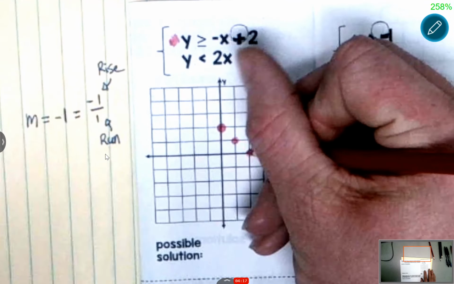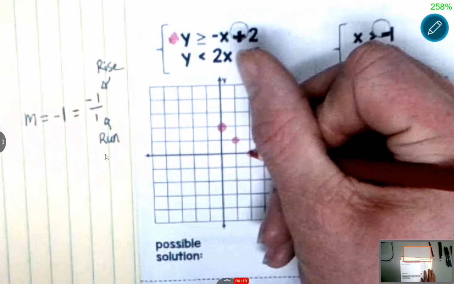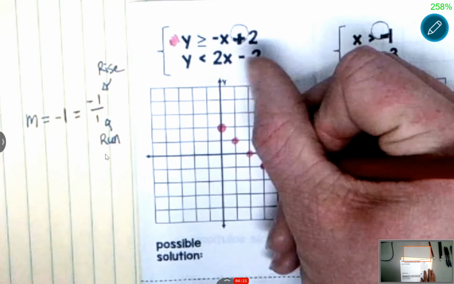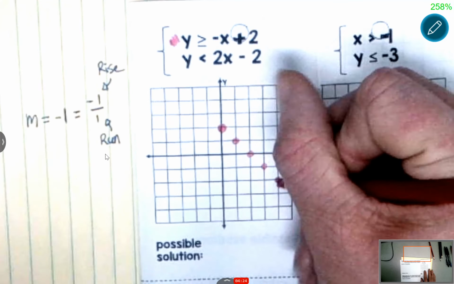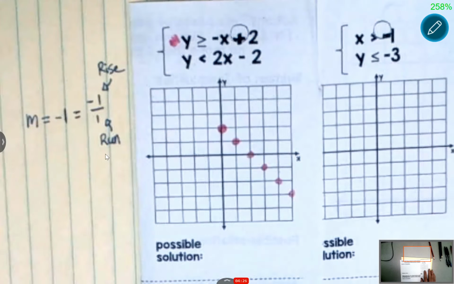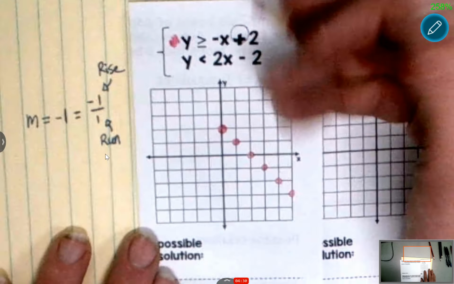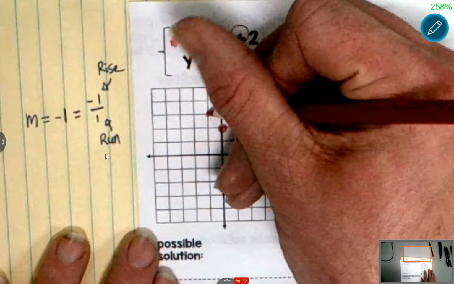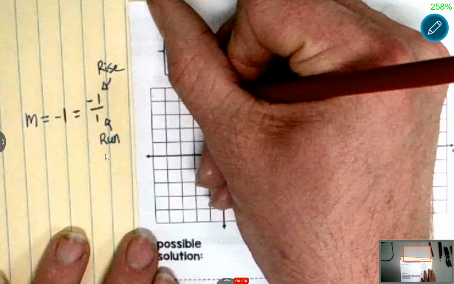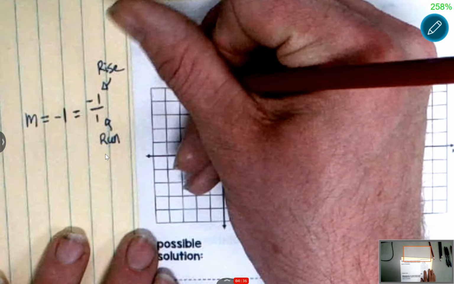Down 1, right 1. Because my slope is negative 1, down 1, right 1. And we continue that until we reach the edge. We go back to the y-intercept and we reverse directions. Up 1, left 1. Until we reach the edge.